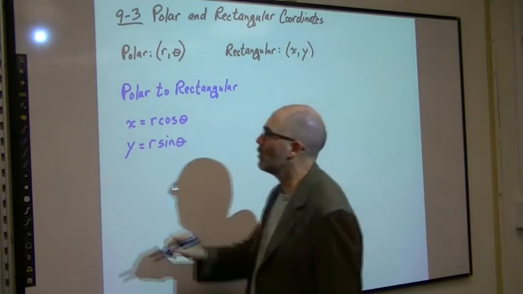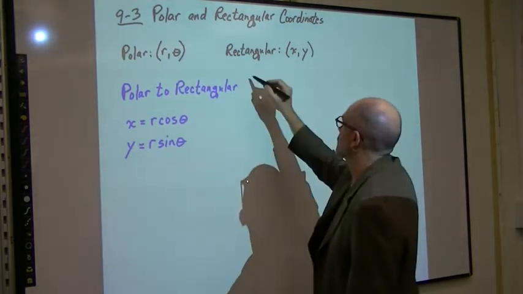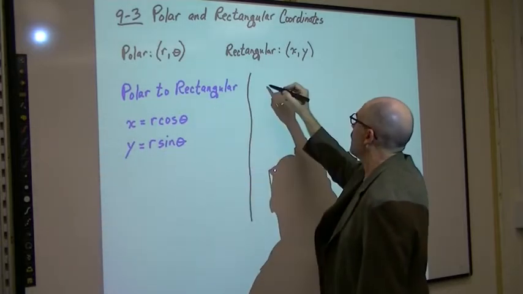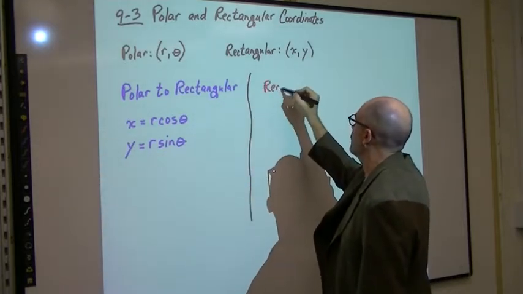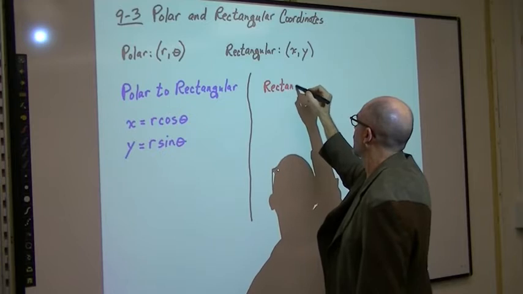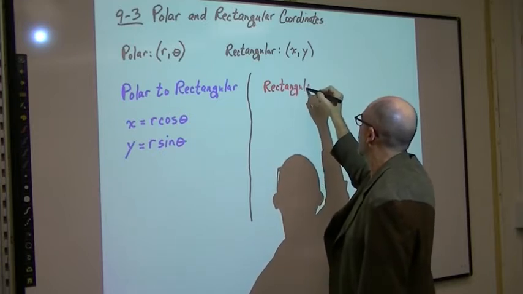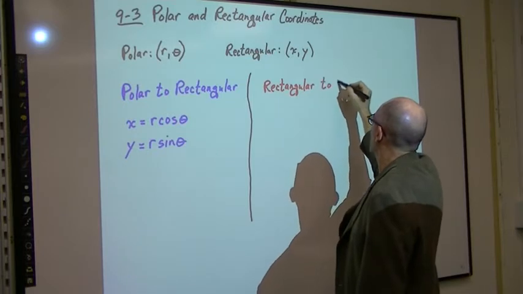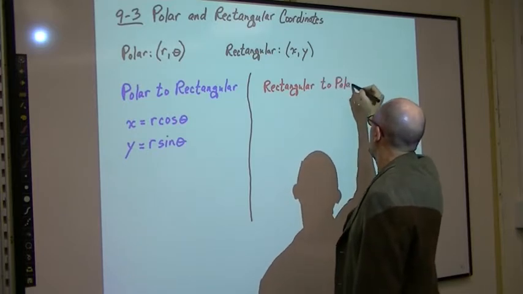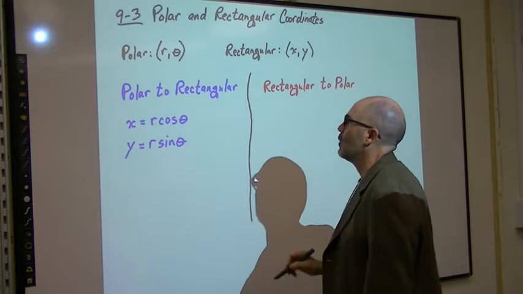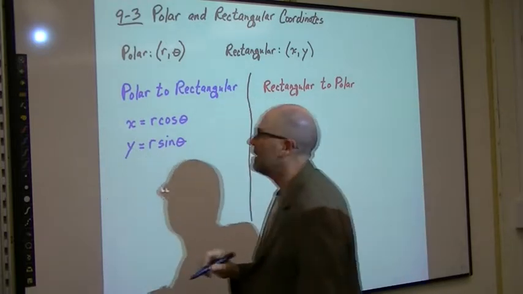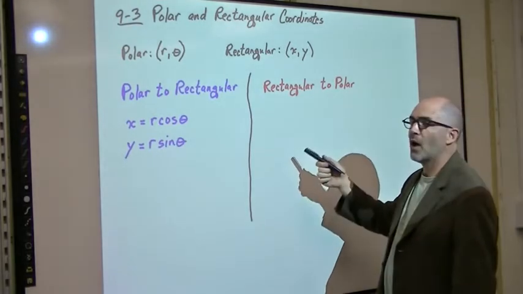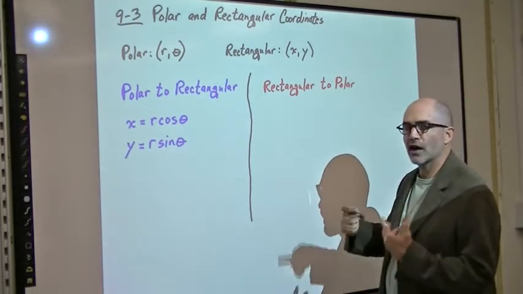Now, let's go the other direction. Now I want to go from rectangular to polar. So that means I have the x and y, and I need the r and the theta.